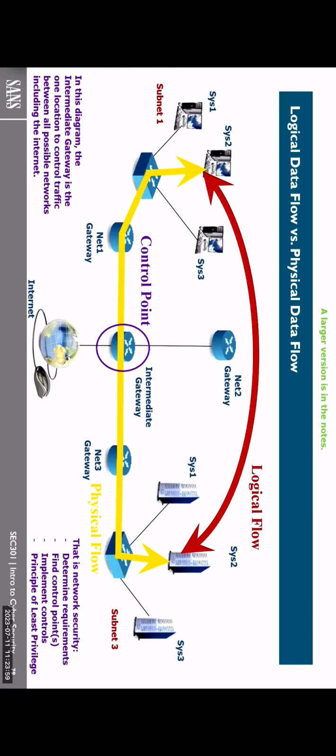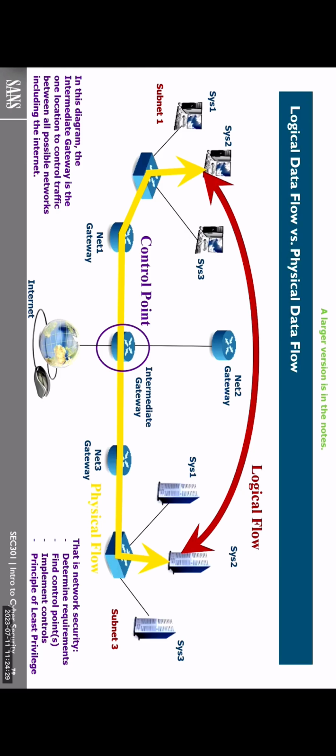For subnet 2, I send them out a different physical interface. For subnet 3, I send them out a different one. And if it's not bound for any of those subnets, it's bound for someplace else out on the internet, then it would send it out to the interface for the internet. But that control point is going to look at the address, and it's going to compare that address to a bunch of settings in a table that says which direction we should physically send this packet.